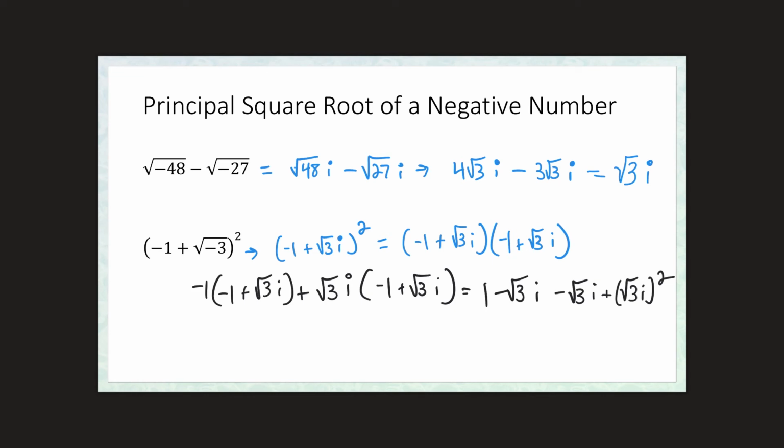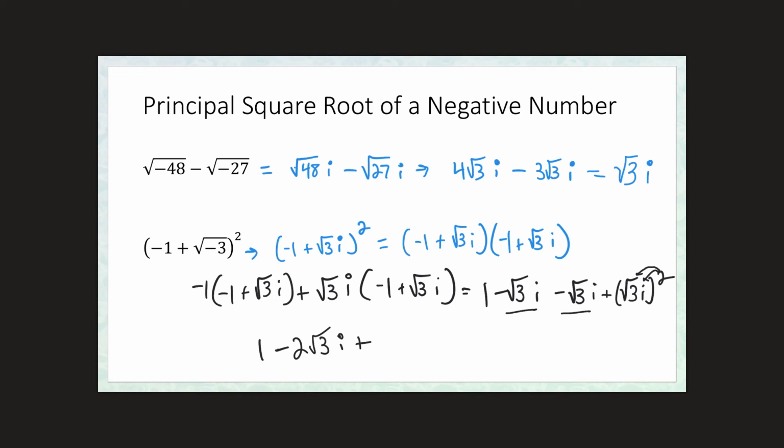And we could definitely do some simplification here. We have some like terms, and if we're squaring all of this, that would eliminate the square root in front of 3, and then i squared is negative 1. So let me rewrite this. The 1 in front stays 1. The negative square root of 3 times i minus the square root of 3 times i becomes minus 2 times the square root of 3 times i.